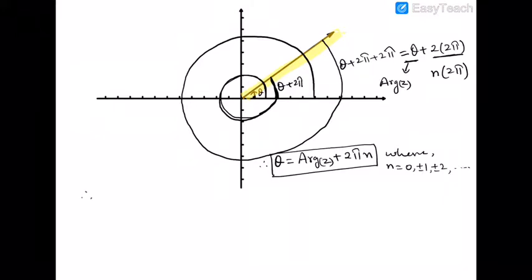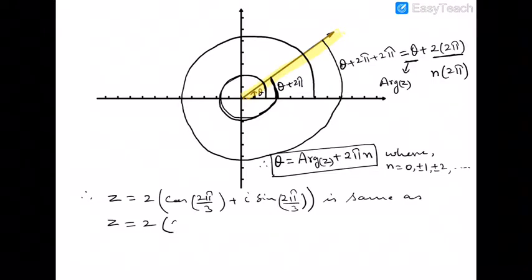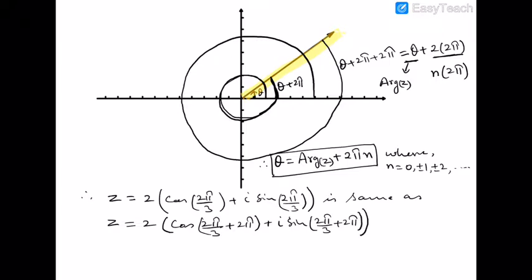If the argument of z is 2 pi by 3, then the complex number z equals 2 times cos 2 pi by 3 plus i sin 2 pi by 3, which is the same as z equals 2 times cos of 2 pi by 3 plus 2 pi, for n equal to 1, plus i sin of 2 pi by 3 plus 2 pi, or z equals 2 times cos of 2 pi by 3 plus 4 pi plus i sin of 2 pi by 3 plus 4 pi.